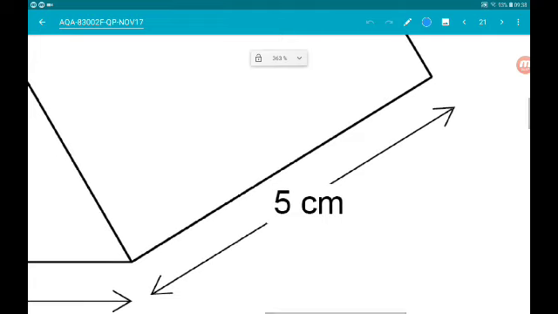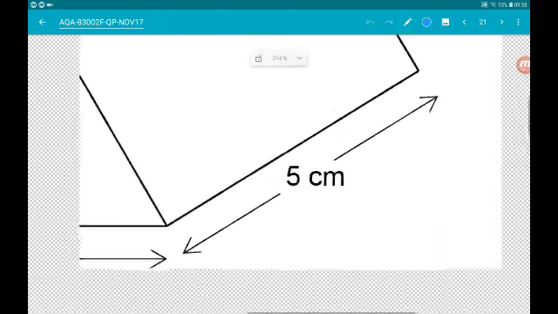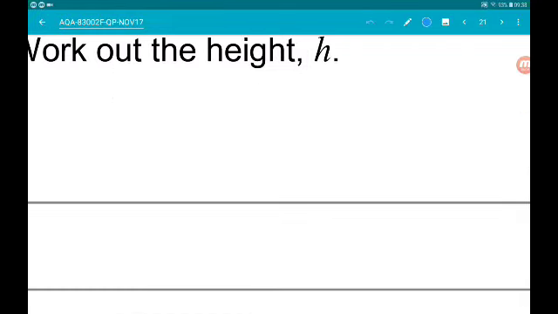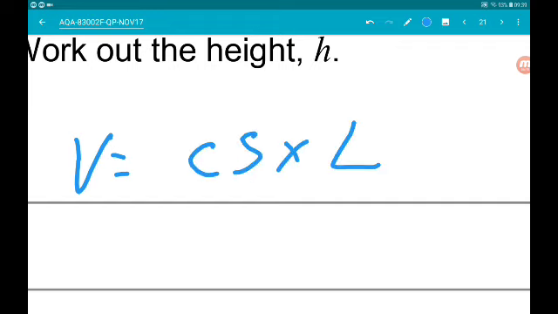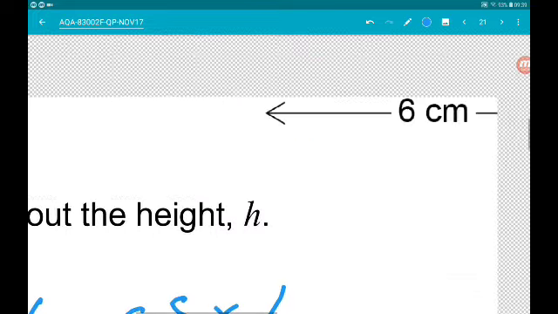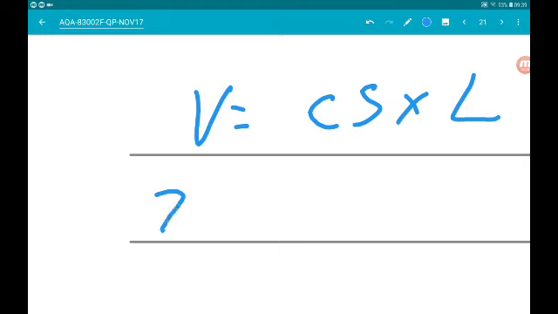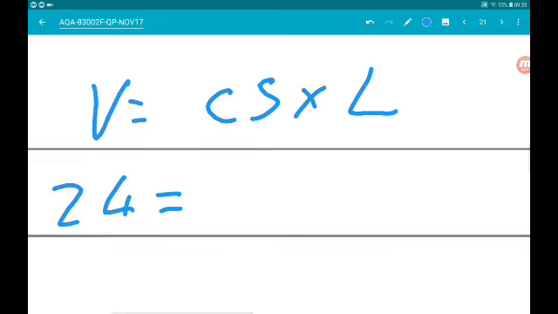We know we have a length of 5. So again, volume is cross-section times length. So we know the volume of this prism is 24. So we know that 24 is equal to, now we don't know the cross-section.